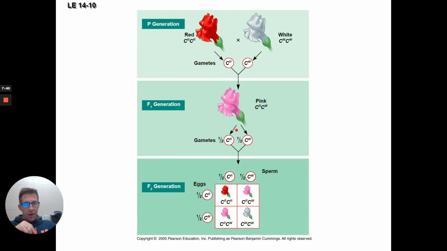The resulting flower is going to have one red allele and one white allele, and that would create a pink individual. We see this oftentimes, a lot of times in plants actually, and it indicates that there's no completely dominant allele like we saw in the first example.